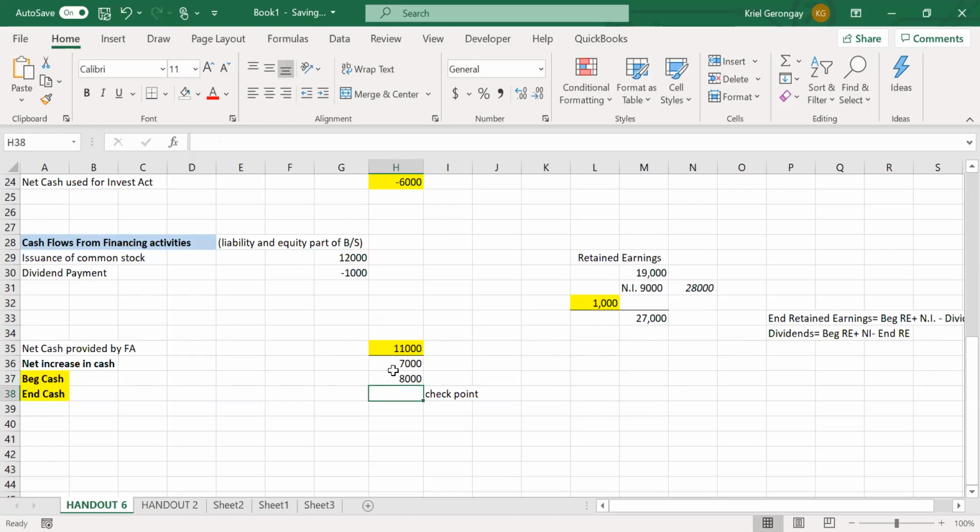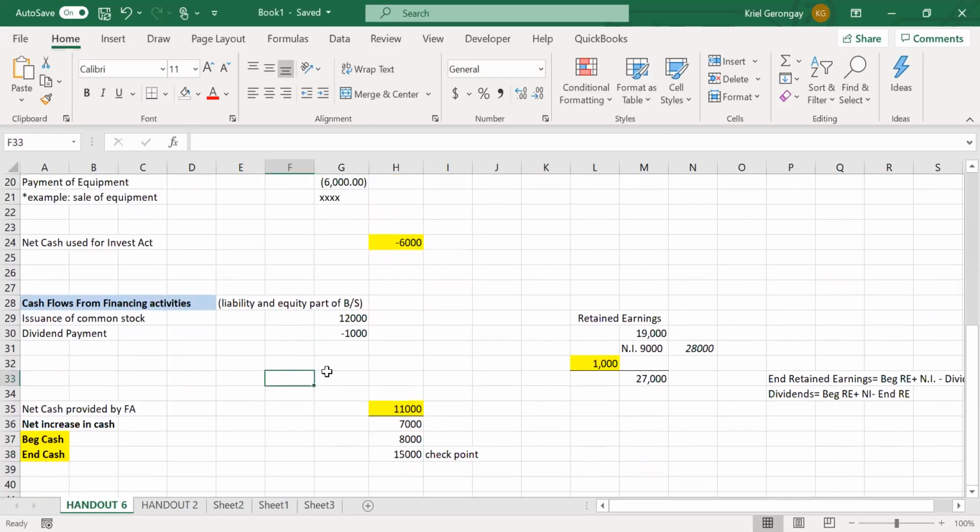If you add this 7,000, the net increase in cash, to 8,000, it should equal 15,000, which is what's reflected on the 2020 balance sheet for cash. Does that make sense?